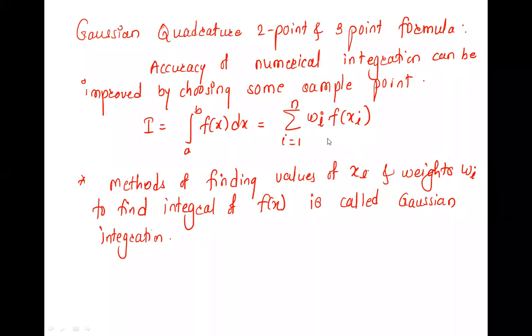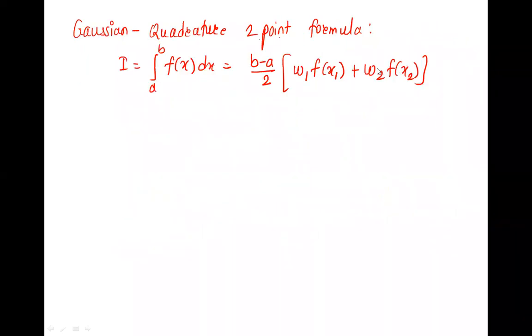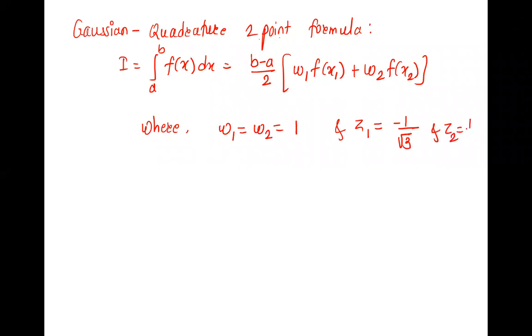If n is 2, then it is called 2 points. So w1 f of x1 plus w2 f of x2, and there is the multiple (b minus a)/2. Now these are the values you have to take directly. They have solved and obtained values. So you have to take them as it is, where w1 and w2 are always 1 and z1 is minus 1 upon root 3 and z2 is 1 upon root 3.